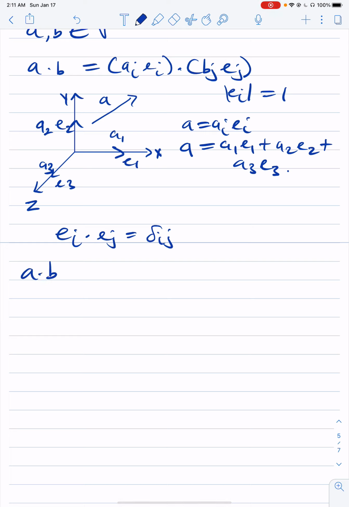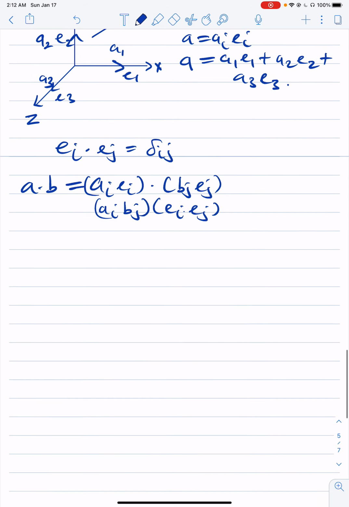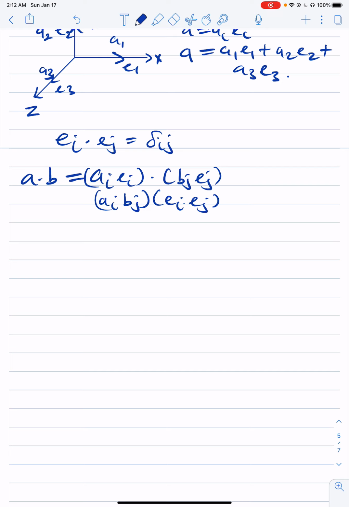So one useful expression you can understand is this: if you have A_i e_i dot B_j e_j, it can still give you A_i B_j, equal to A_i B_j e_i dot e_j. And if you remember, e_i dot e_j is the Kronecker delta ij.